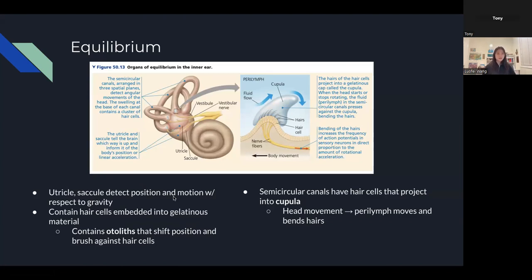This is a little similar to the statoliths that we saw earlier. Also, semicircular canals have hair cells that project into the cupula, which is a jelly-like material. When the head moves, the fluid inside the cupula moves and bends the hairs and transmits information about the body's movement.